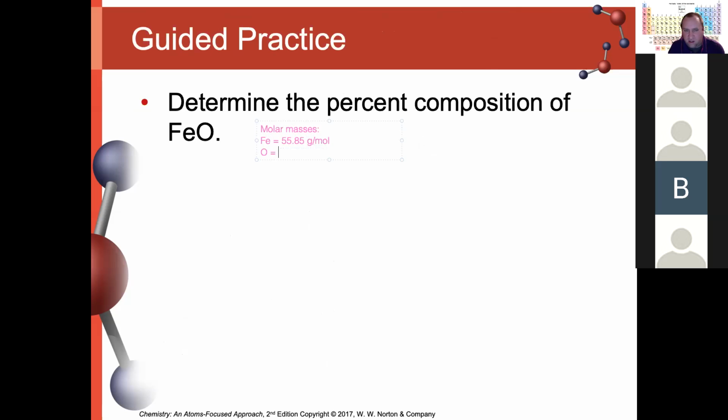For oxygen, it's 16.00 grams per mole. And so from this perspective, if I look at the percent composition, we can characterize percent of X, whatever X is, as equal to the mass of that element.